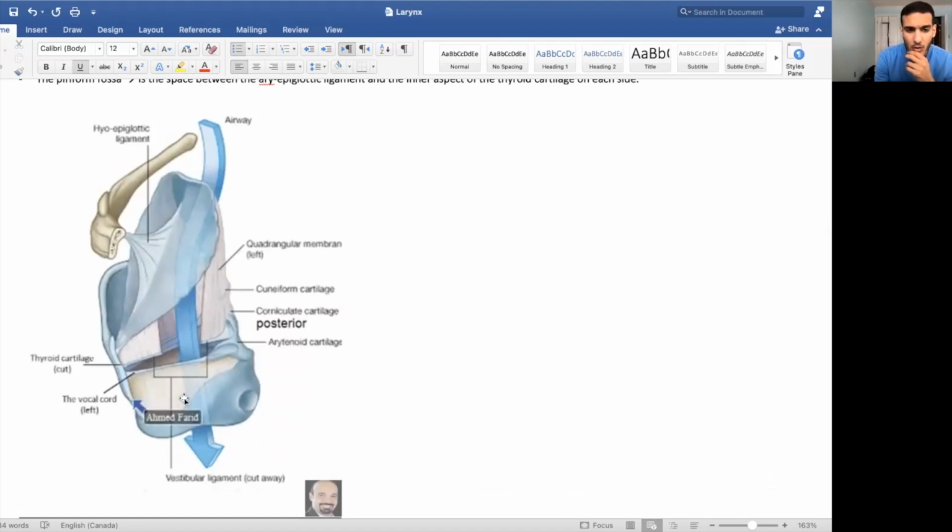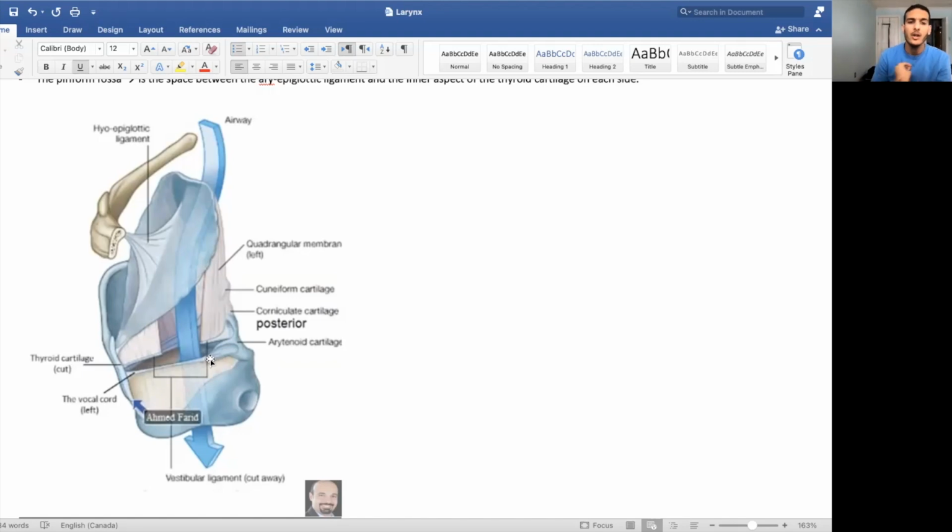It extends from the superior border of the cricoid cartilage to the anterior inner aspect of the thyroid cartilage and the vocal processes of the arytenoid cartilages. And this edge of this ligament or membrane is called the true vocal cords or Rima glottis.